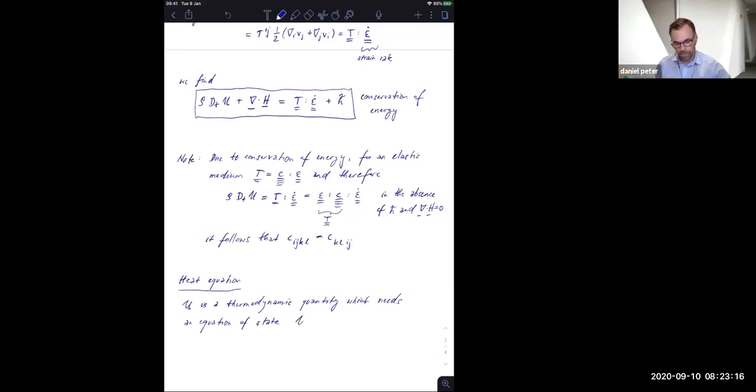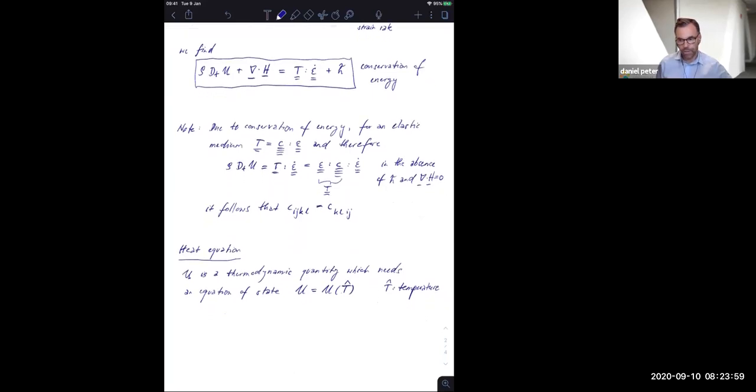So U as a function of temperature. And now above I used T for stress, the stress tensor. So I use here T with a hat for temperature. Maybe I should use some other fancy symbol, but let's just use the T with a hat as temperature. So that's an equation of state.